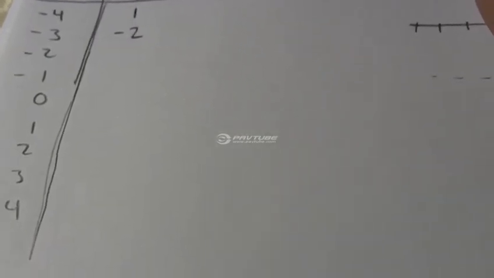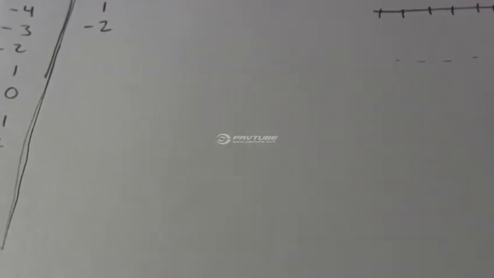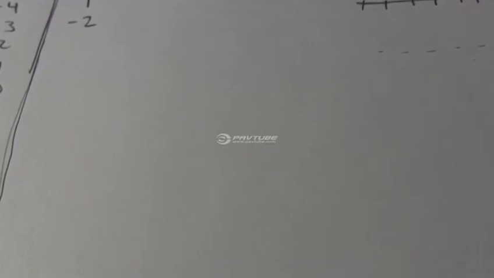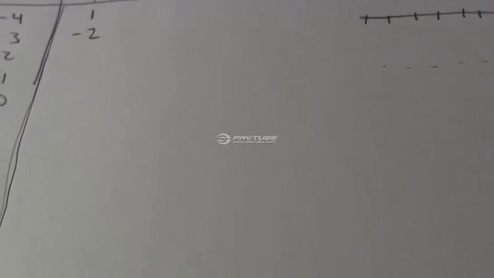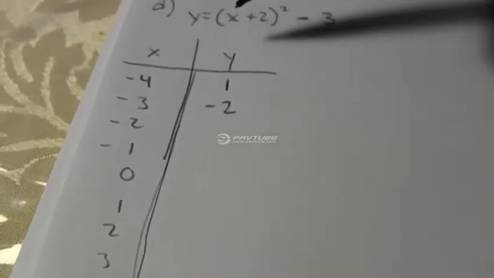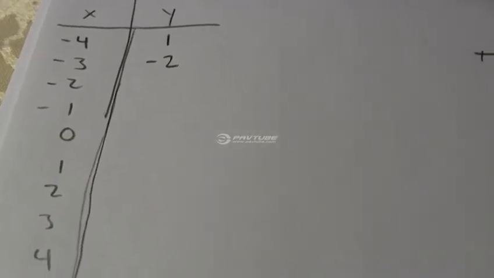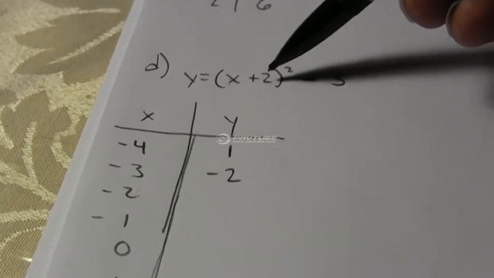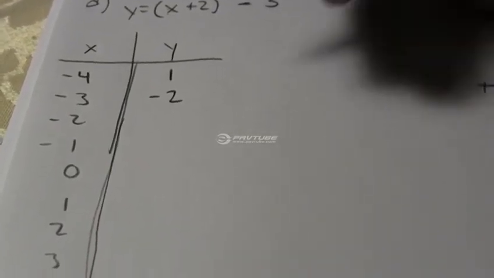-2 plus 2 is 0. Okay, hold on, this isn't making sense. Let me get this together in my head. Oh, no, we're good. Sorry. Got confused. Negative 2 plus 2 is 0. 0 squared is 0. Minus 3 is minus 3.